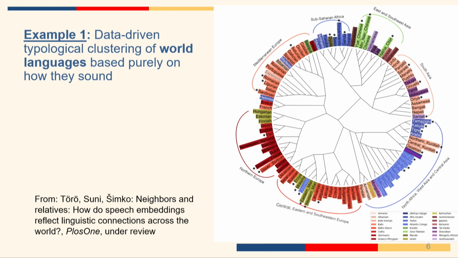These are Northern, Central, and Eastern European languages, and these green things here are Uralic languages. Uralic is a smallish subfamily of languages, with several Uralic languages spoken in Europe.